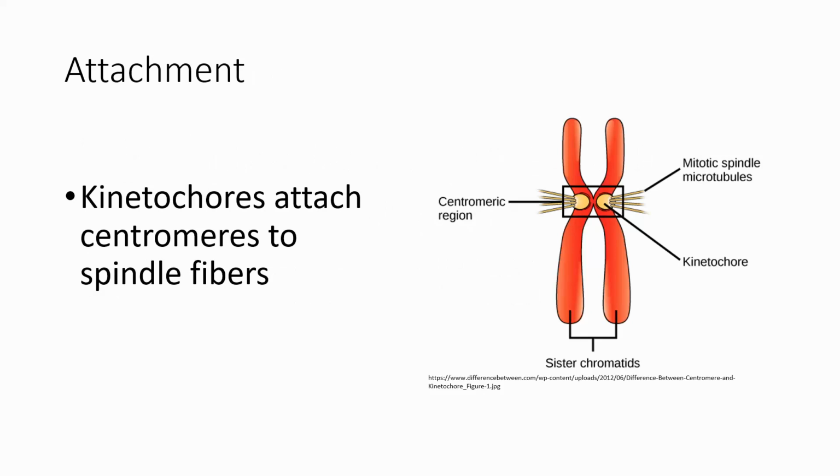So let's look at important moments in mitosis. First thing that happens is the chromosomes attach at their kinetochores to the spindle fibers. That part is really important because without that, you can't move the chromosomes around. Remember, these are molecules. They don't walk on their own, and they don't have any sort of motor proteins on them to move them around. So they're going to get yanked around by the spindle fibers.